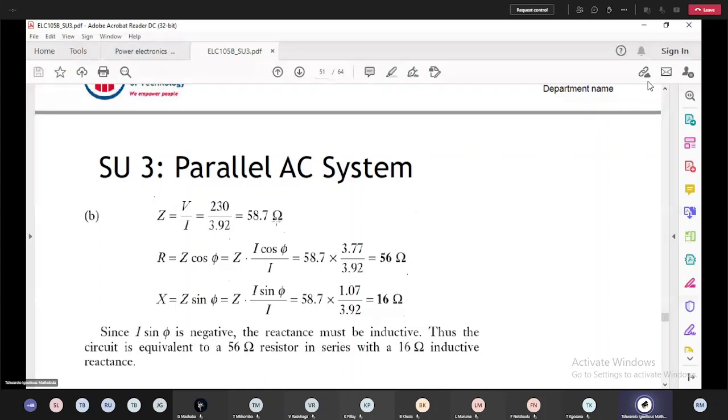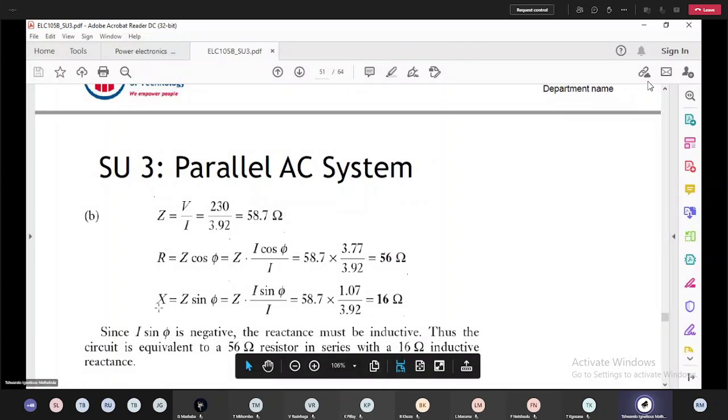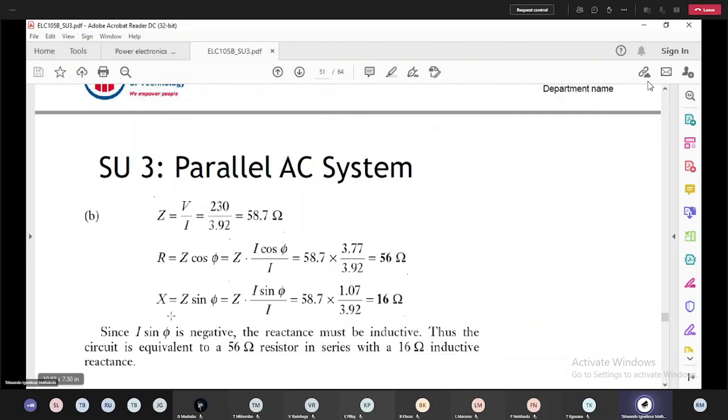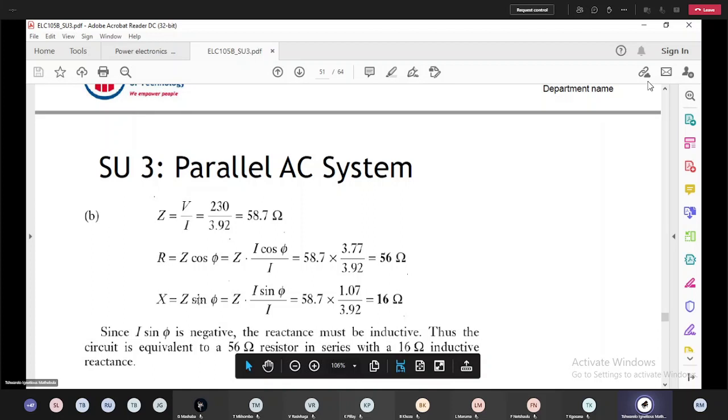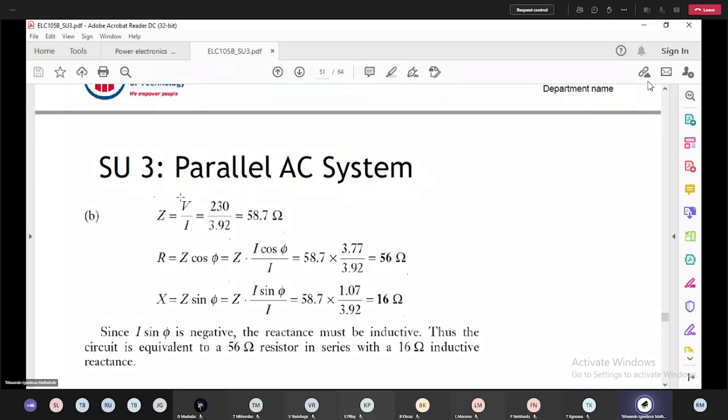So the resistance and the reactance, because this is really a composite of everything that's in the circuit. What's the total aggregate resistance of the circuit? What's the total aggregate reactance of the circuit? You would use the total impedance of the circuit times the cosine of phi.